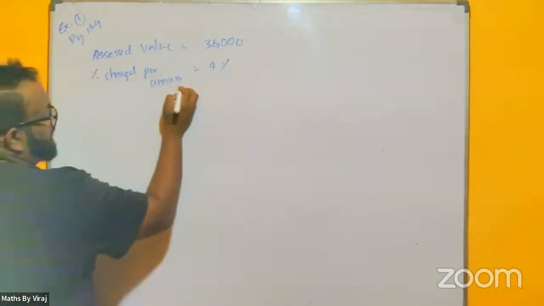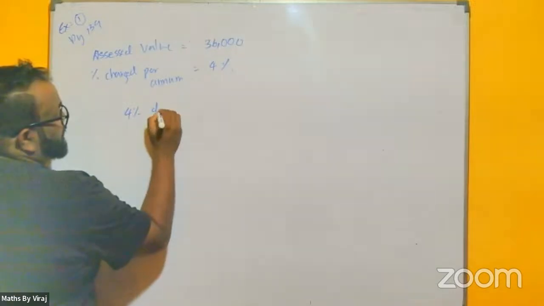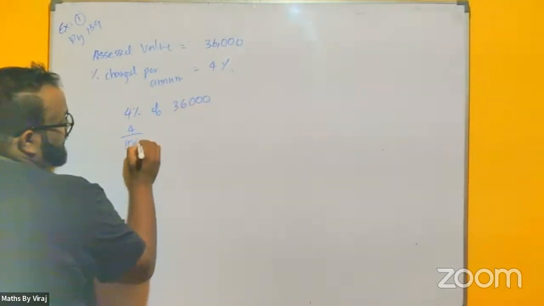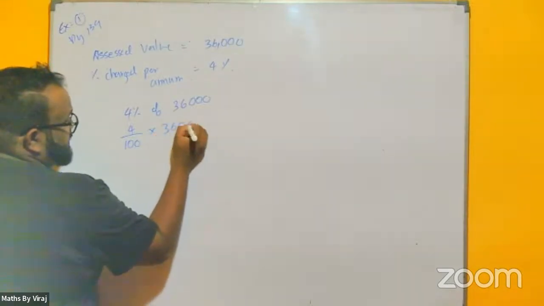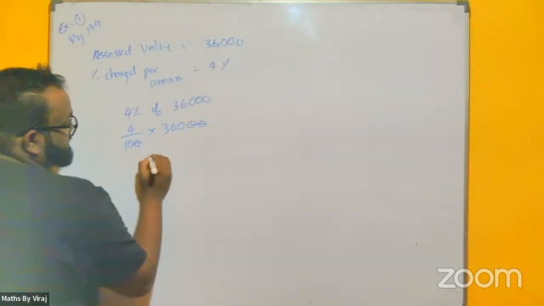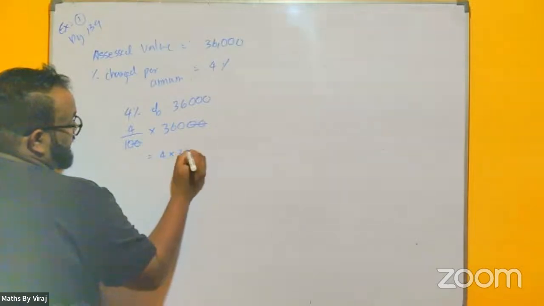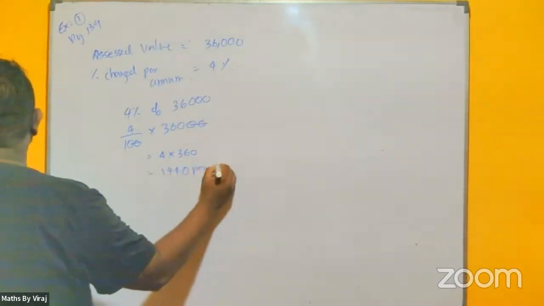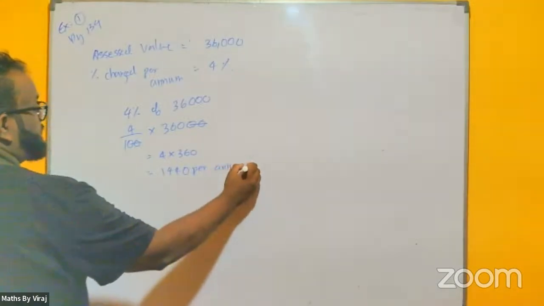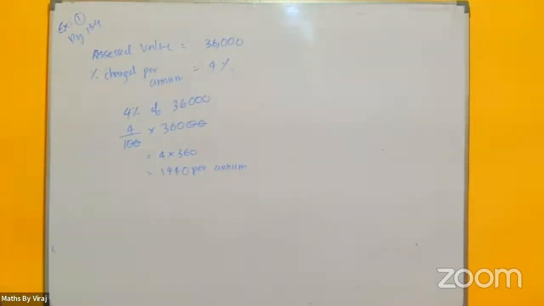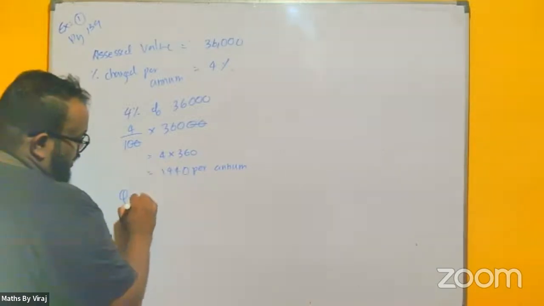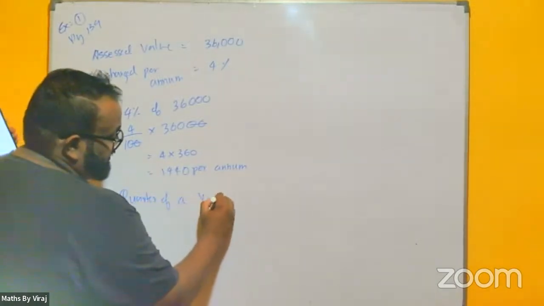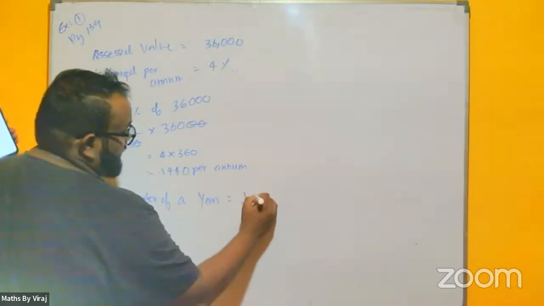Therefore, 4% of 36,000, that is 4 over 100 into 36,000. Now this is 4 into 360, 1,440 per annum. Therefore, for a quarter of a year, you have to multiply this by 1/4.